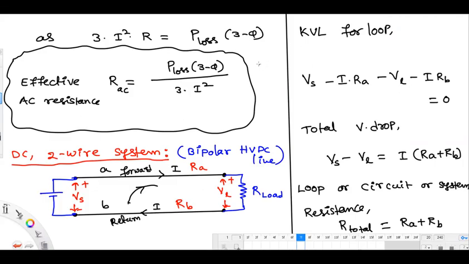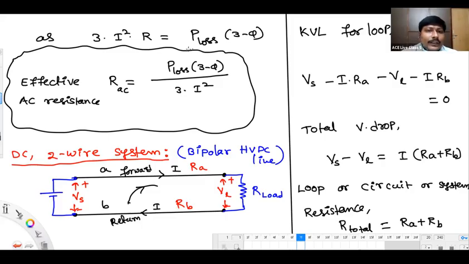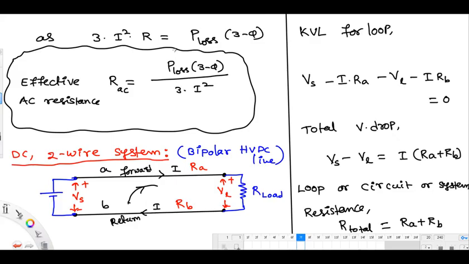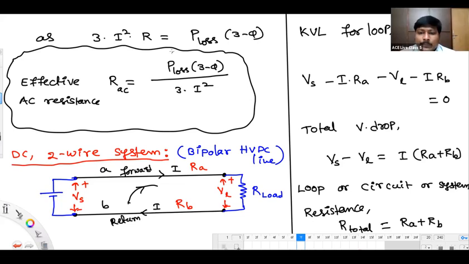Sir, just now my doubt got clarified on the effective AC resistance. Any other doubt? Yes, sir. In a DC one-wire system, suppose the earth is the return path. Conservation of charge must happen in the circuit. Will that happen in a DC one-wire system? Definitely. Ground can't supply the charge back to the source, no?